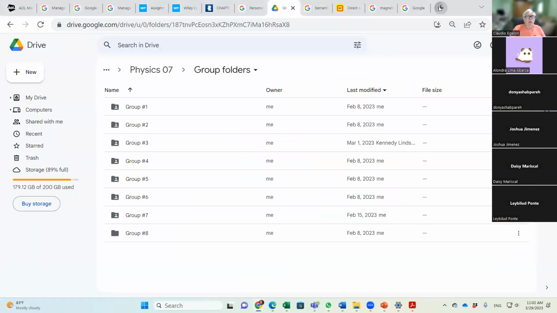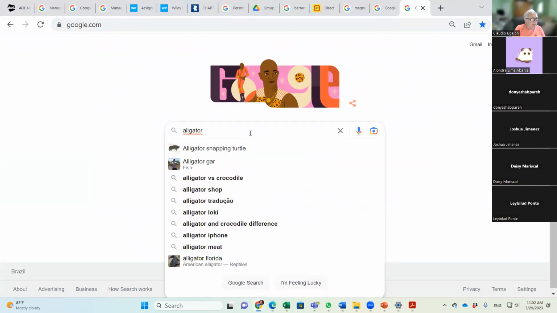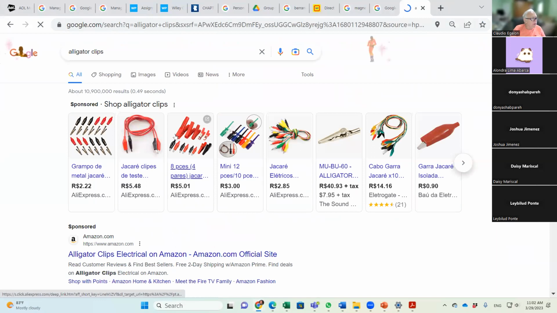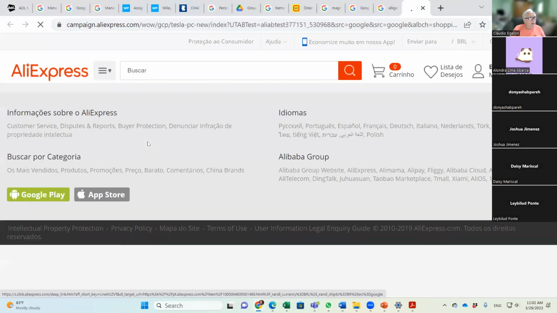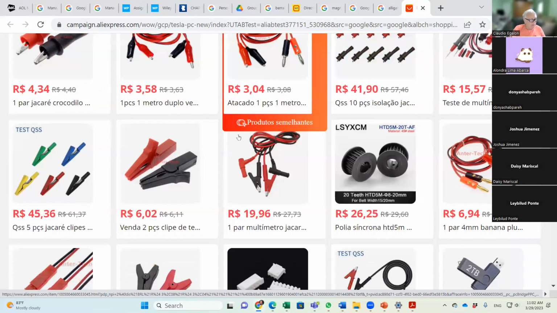Let's take a look at the alligator clip. Not for the hair. Here you go. They look just like that. You can open them, and they can secure.